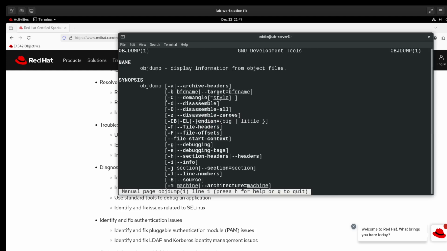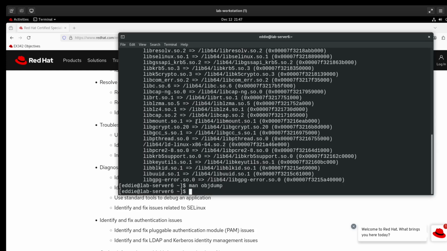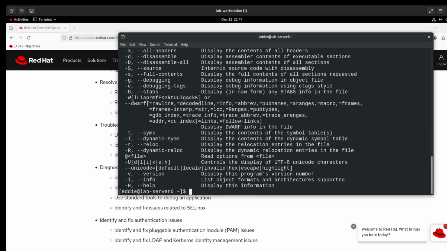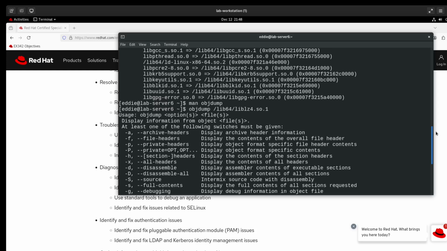Yeah, this goes beyond what I understand about libraries. And if you needed to get information about it, I think you can do objdump and the path to the library, something like that.